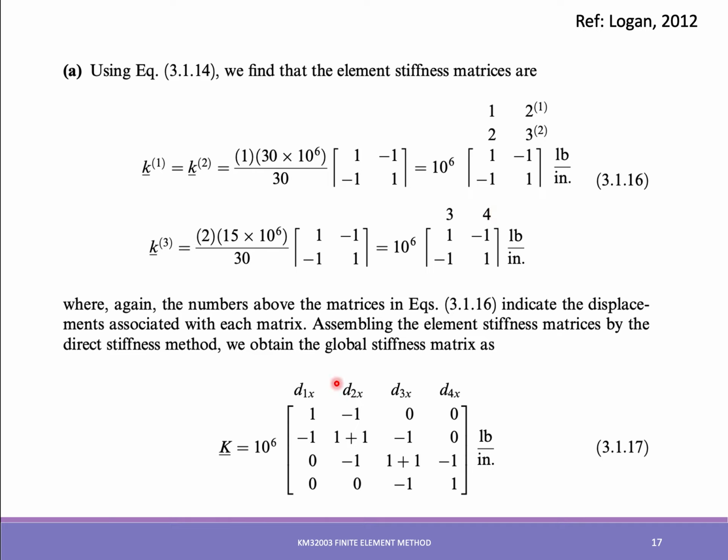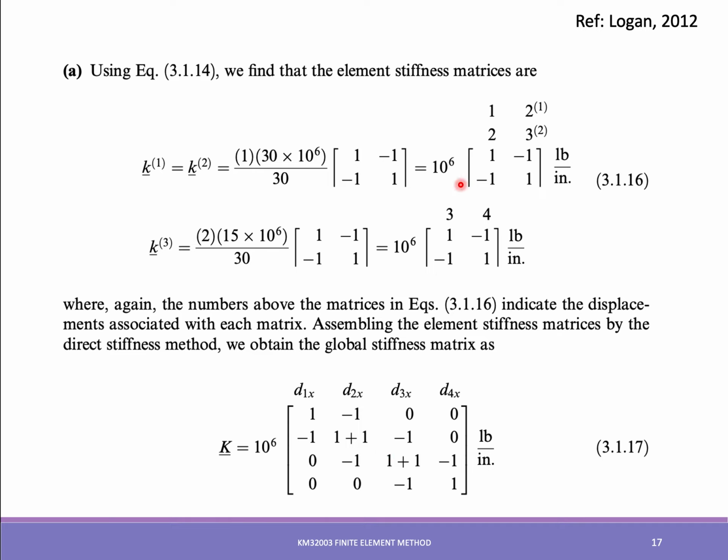So numbering is important. Therefore when you assemble it using the direct stiffness method, this would be representing 1 2 3 4, 1 2 3 4. So 1 2, and this 1 minus 1 minus 1 1 comes from the first element. Then the second element is related to nodes 2 and 3, so these sections, so you have plus 1 minus 1 minus 1 and plus 1 over here.